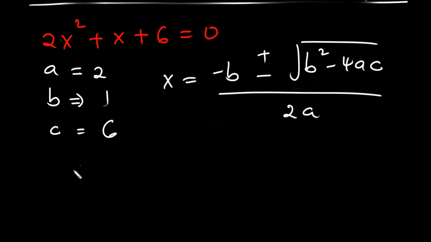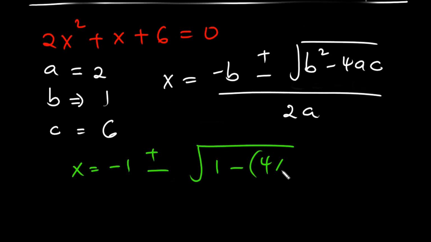So we have x is equal to negative b, which is negative 1, plus or minus the root of b squared. B is 1, so it's 1 minus, bracket, 4 times a, a is 2, and c is, okay, let's do one thing.